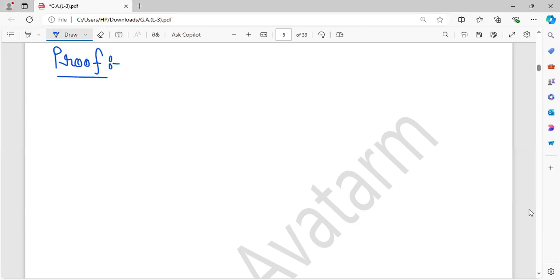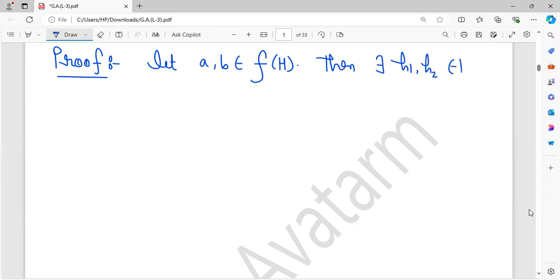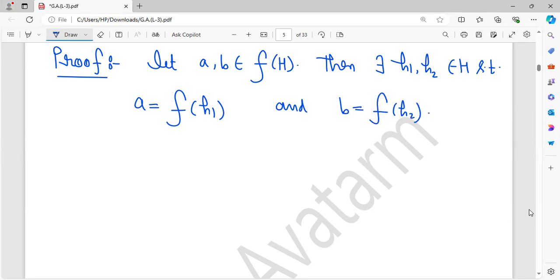So let a and b belong to f(H). Then there exist h1, h2 belonging to H such that a is equal to f(h1) and b is equal to f(h2).